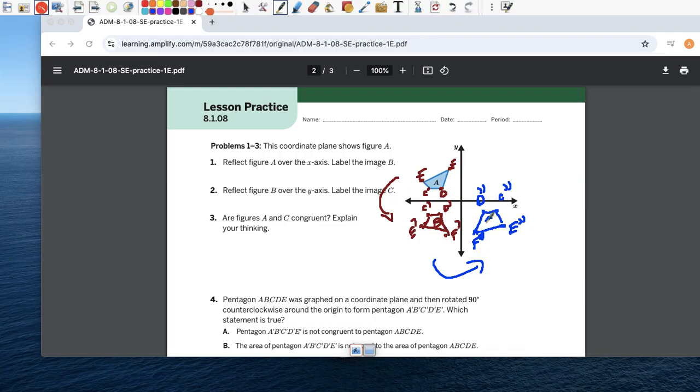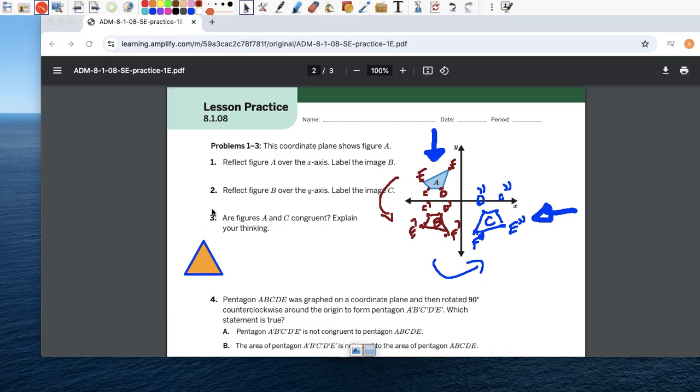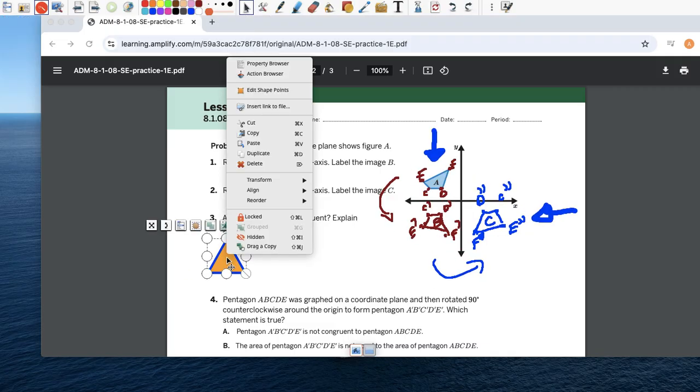So they're asking us, are A and the second image congruent? Well, it is. It doesn't matter. Let me show you something here. If I took this triangle and did a translation, let me make a copy here.